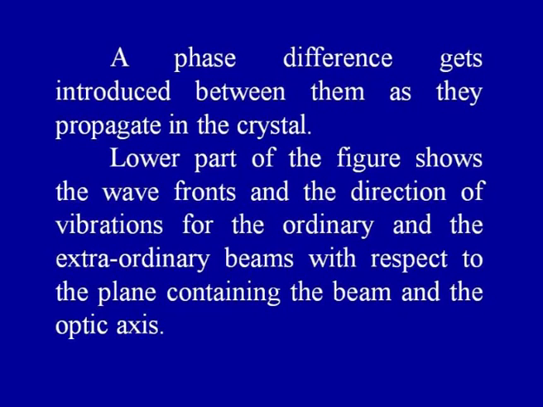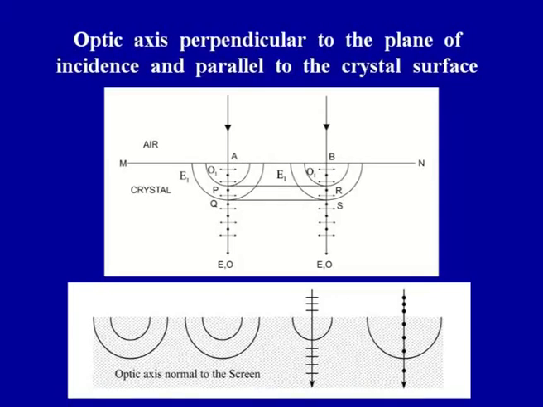A phase difference naturally gets introduced between them as they propagate in the crystal. You see, the lower part of the figure shows the wavefronts and the direction of vibrations for the ordinary and the extraordinary beams with respect to the plane containing the beam and the optic axis.